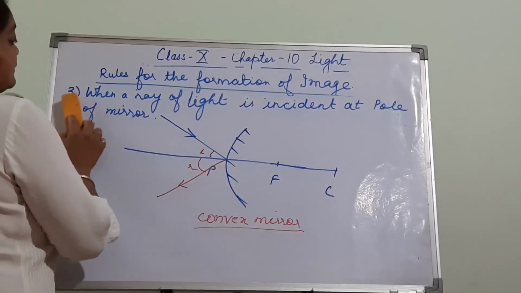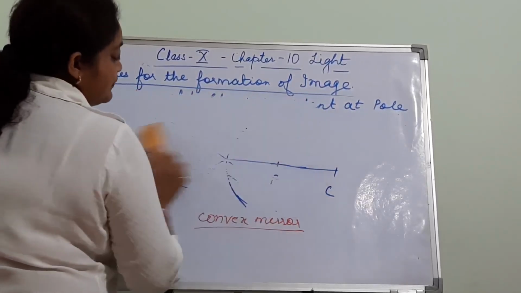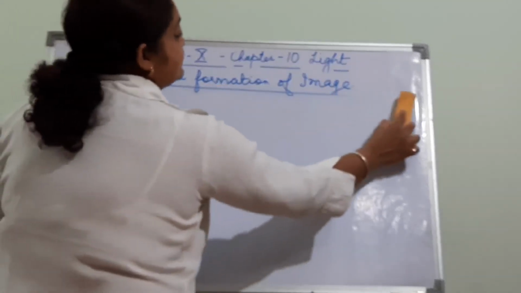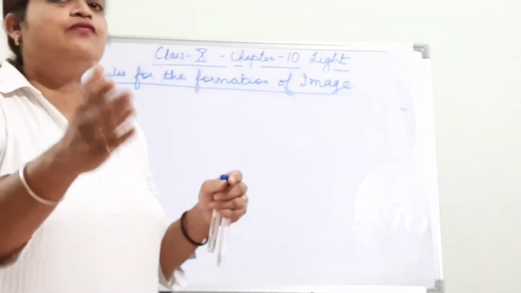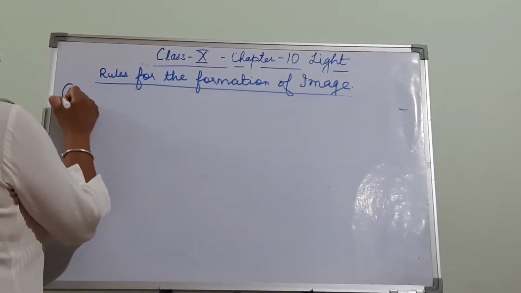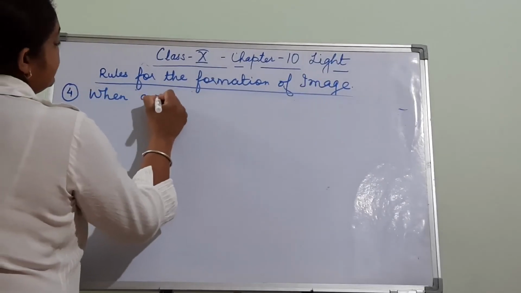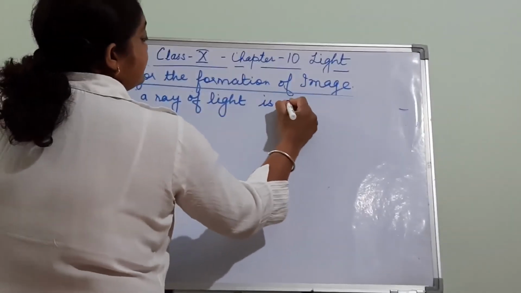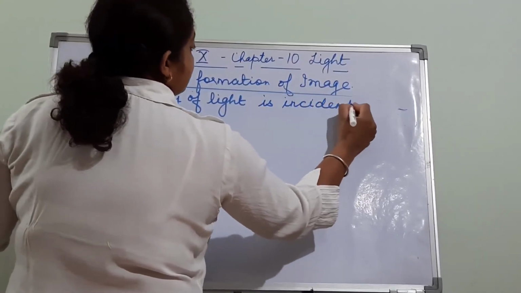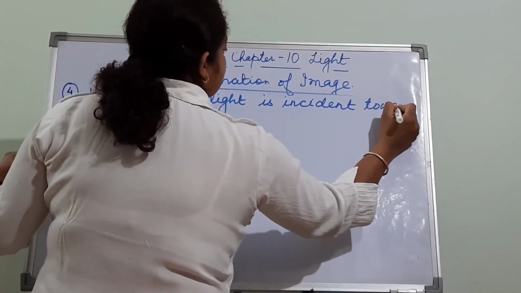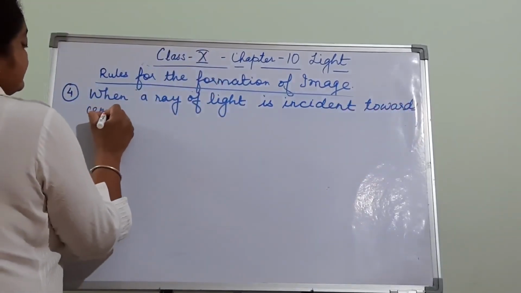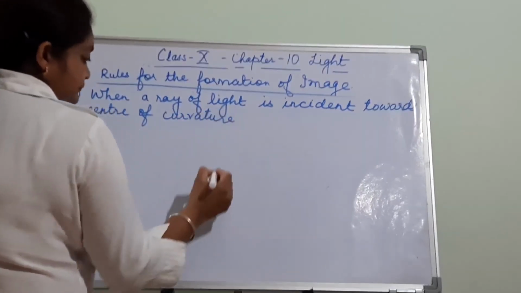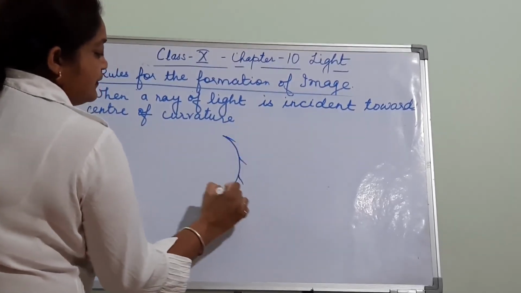Next rule is, when a ray of light is incident towards center of curvature. So this is a concave mirror.